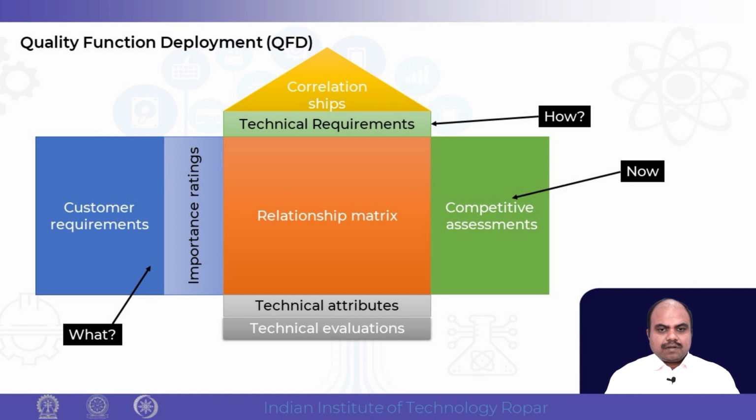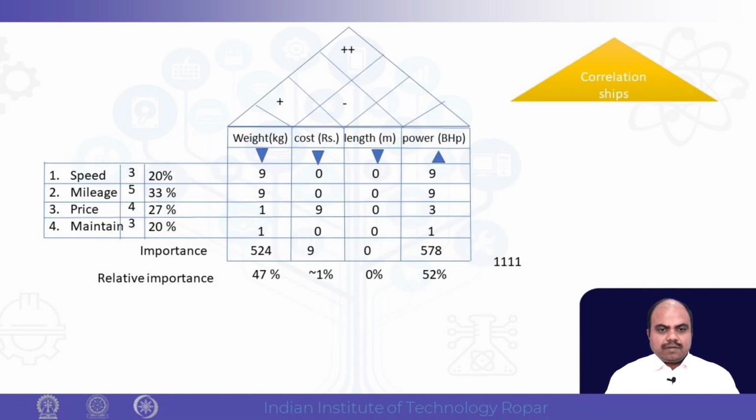We put the customer requirements and then importance, and then we are going to put speed, mileage, price and maintenance, and percentage 20, 30, 33, 27, like this.